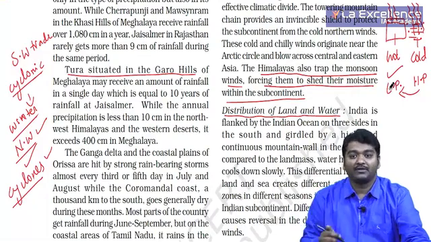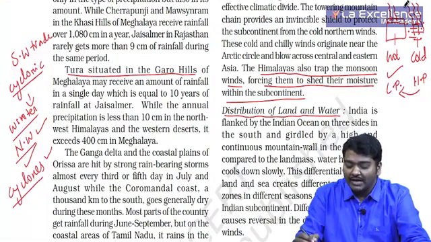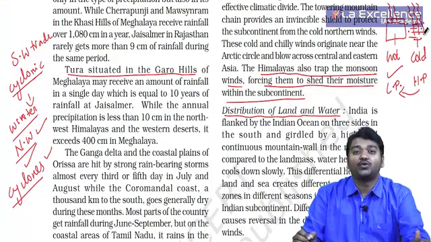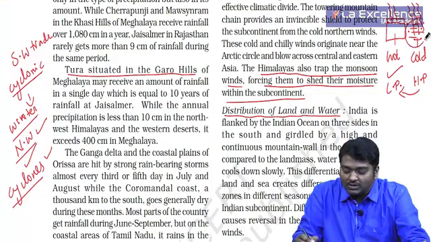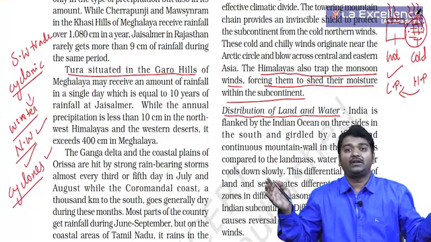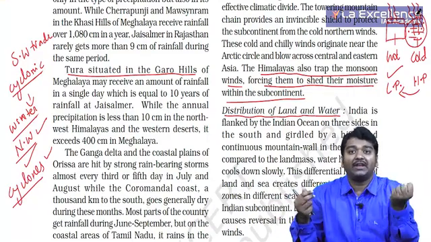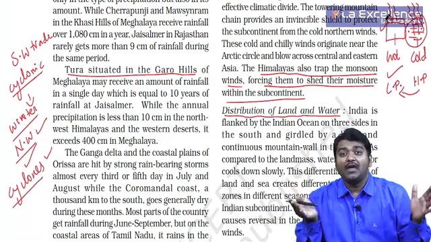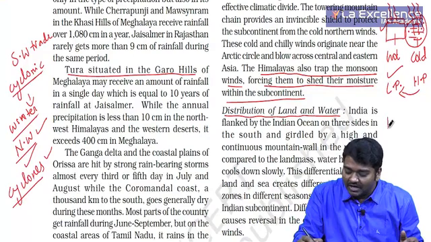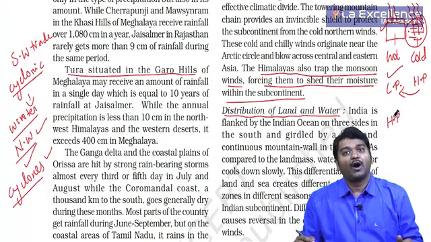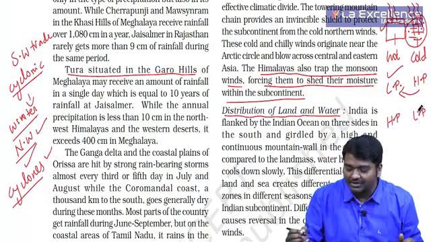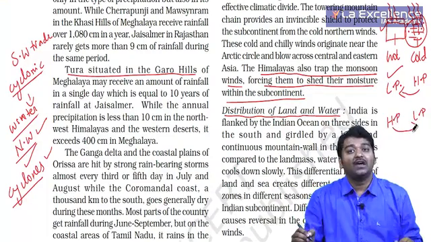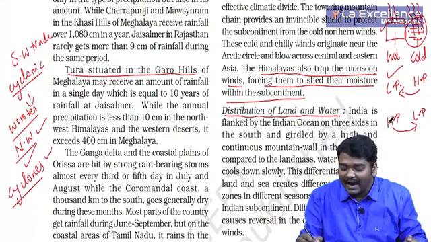The second important thing is that in winter, land usually becomes cold faster and the ocean cools slower. The reason is that water holds a greater quantity of heat, whereas land expels it quickly. Because of this, we usually observe high pressure on land and low pressure on water. So winds blow from high pressure to low pressure, that is, from land to ocean.